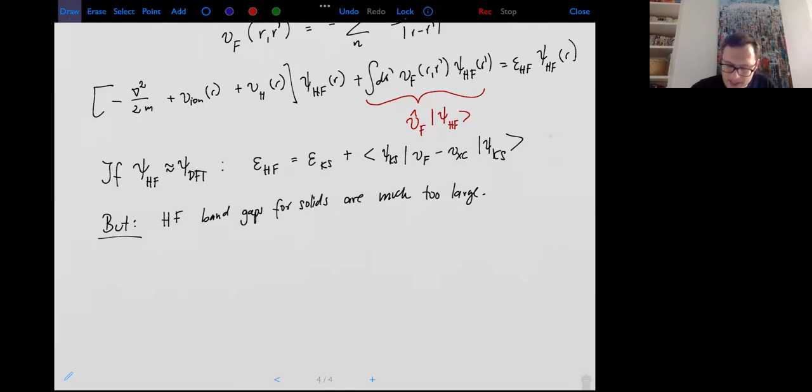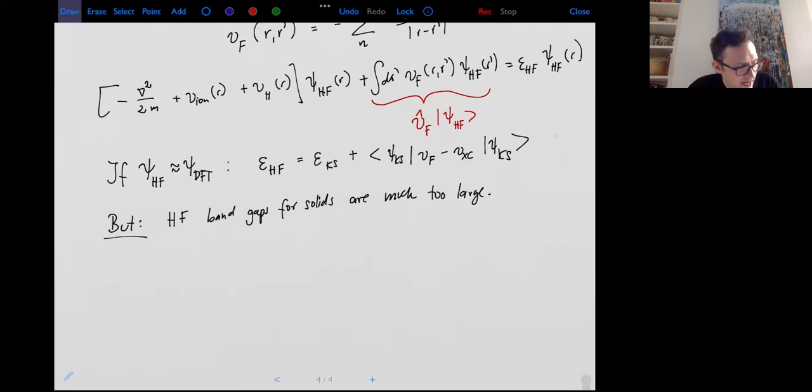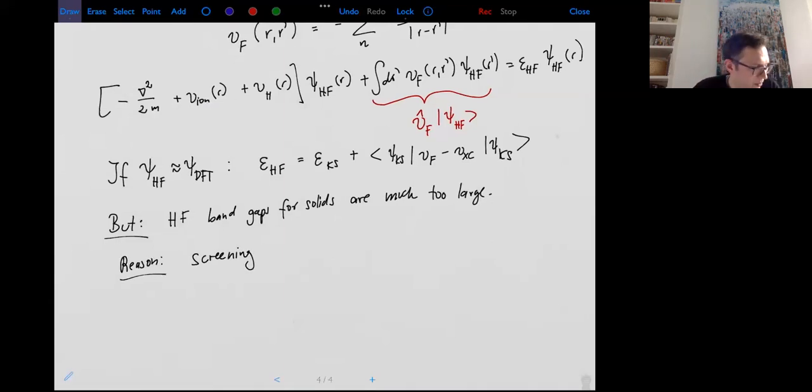And somehow that must cause the problem. And so typically when we discuss this problem, it's centered around the concept of screening. And we'll have to understand what that means.